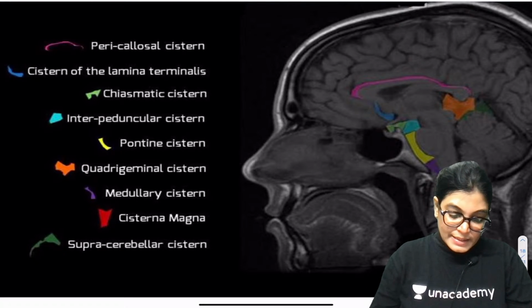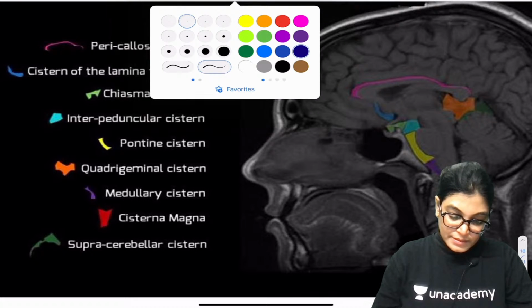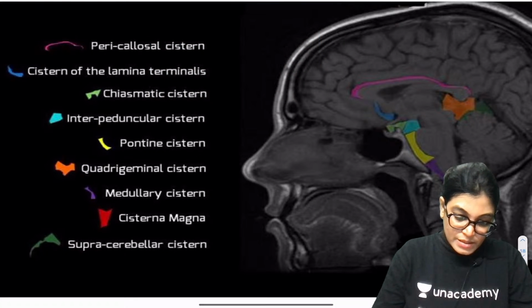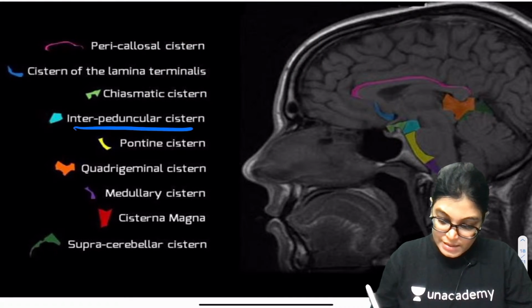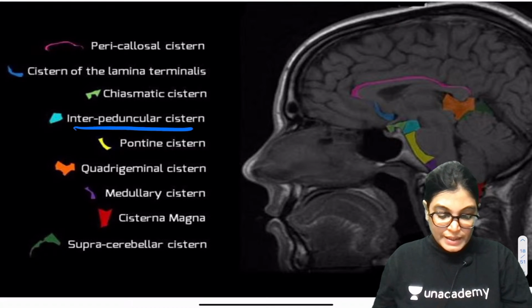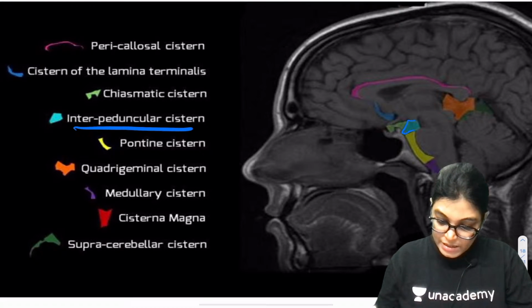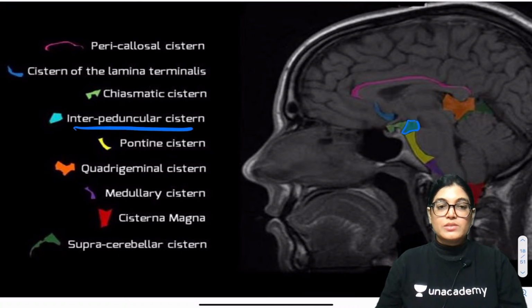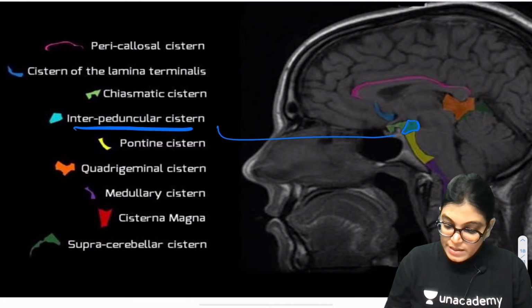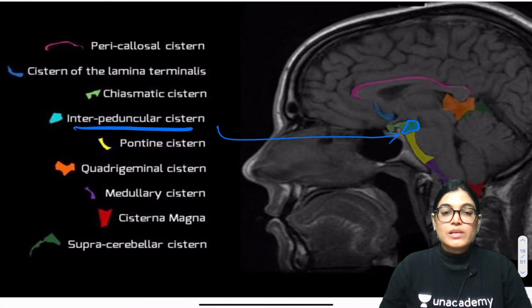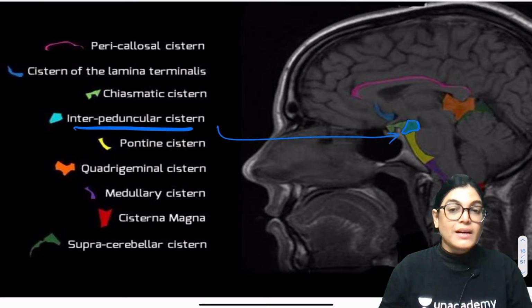This is exactly the location of the interpeduncular system, which is located on the basal aspect or inferior view of the cerebral hemisphere. It contains the circle of Willis.